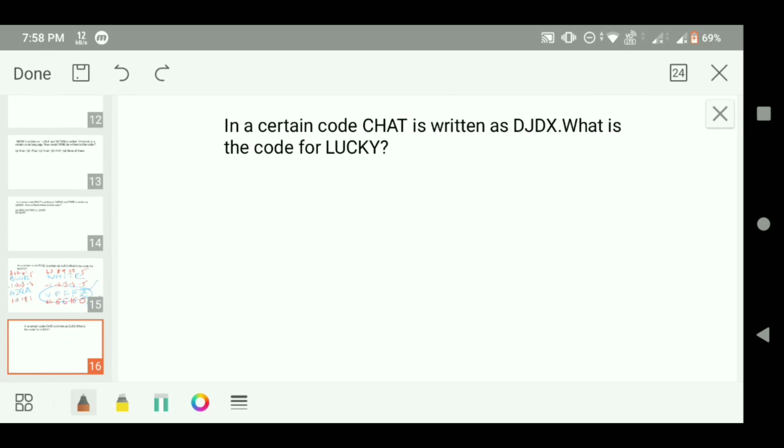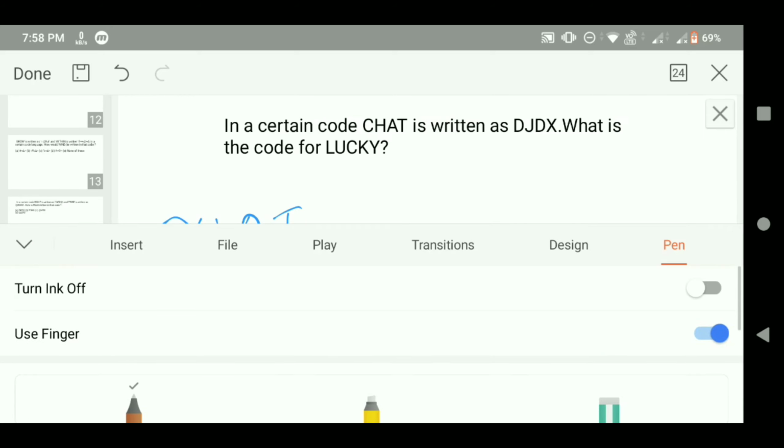And next question, in a certain code CHAT is written as DJDX. What is the code for LUCKY? First, we need to write the number positions for CHAT as well as DJDX. And the number position for C will be 3.